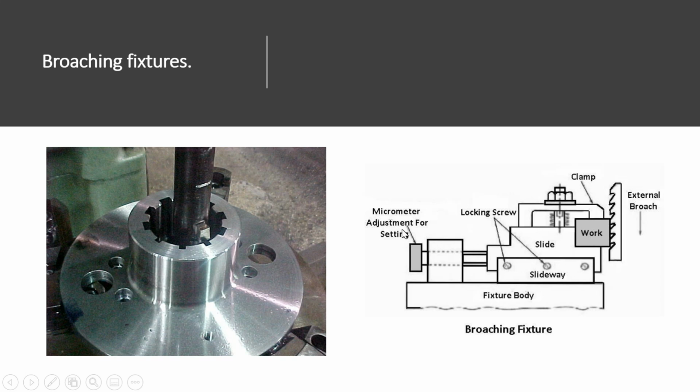For that we need to slide this workpiece along the slideways, so a proper adjustment screw is provided here to advance the workpiece towards the broach. A sufficient clamping force should be ensured, and a proper arrangement is to be made, because broaching exerts excessive force during the machining.